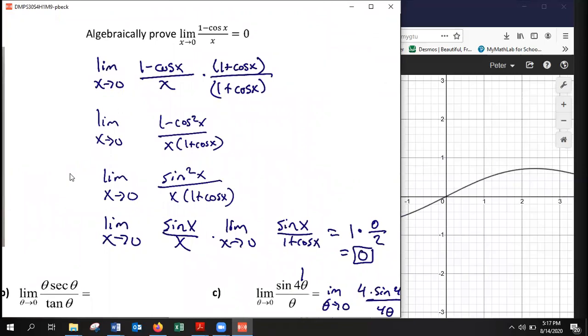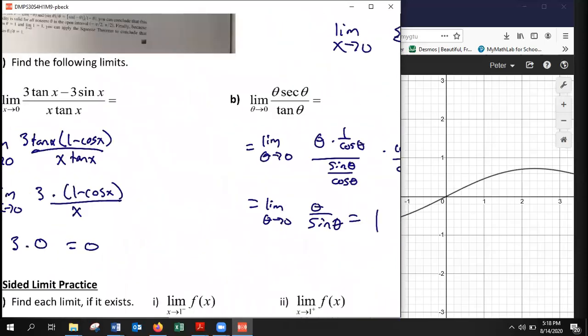So in this algebraic proof, I multiply by 1 plus cosine over 1 plus cosine. And in doing so, I end up with a trig identity that I can simplify. And once again, the product of the limits, I separated those limits. And in doing so, I can take them all individually, and I get 0.